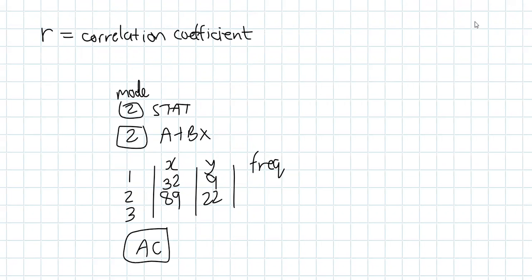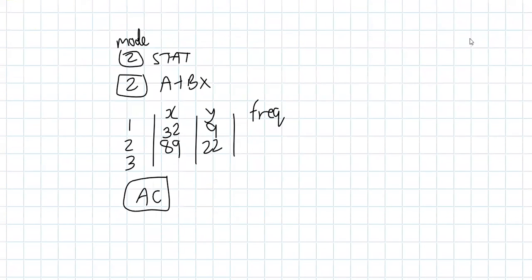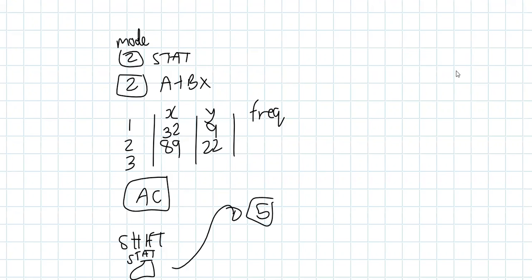Then you press Shift Stat. Shift and number 1, and just above that is the word Stat. This time we're looking for number 4, Var. Oh, no, that's not where it is. We are looking for number 5, Reg. It might differ slightly depending on which model of calculator you have.